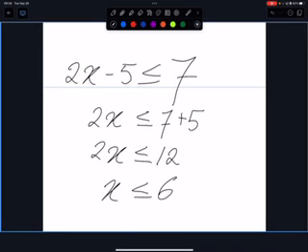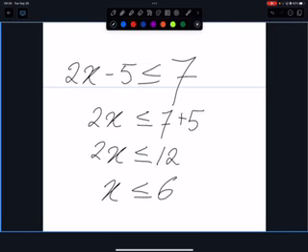Done. When x is 6 or less than 6, my answer is 7 or less than 7, depending on which x I choose. If I choose x is 6, my answer is 7.